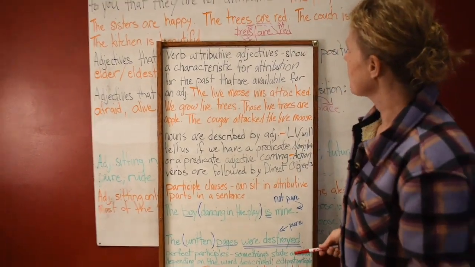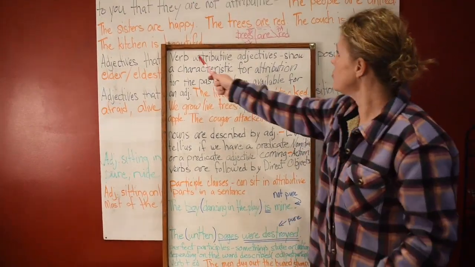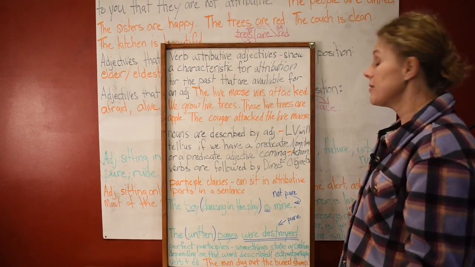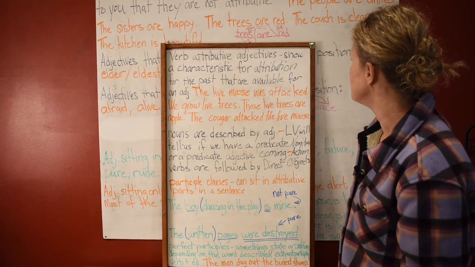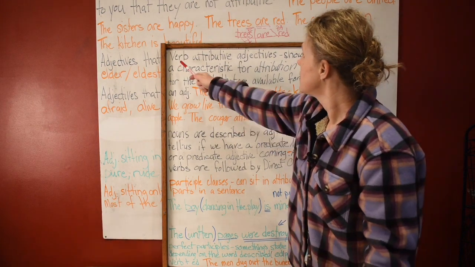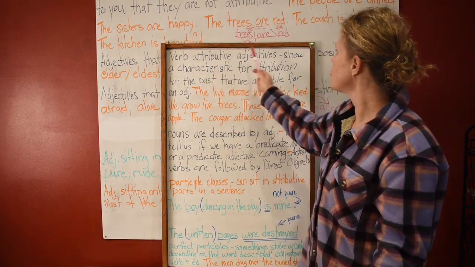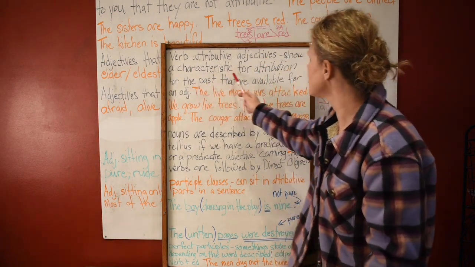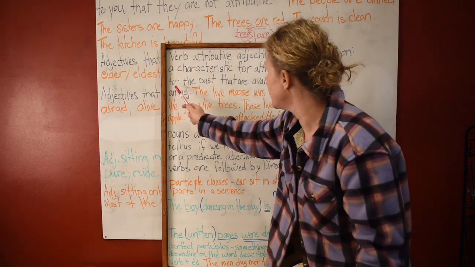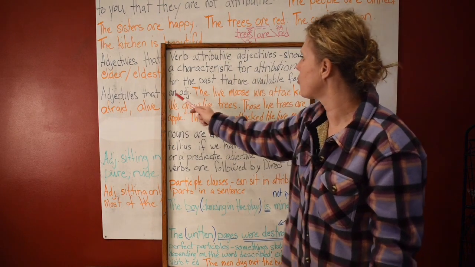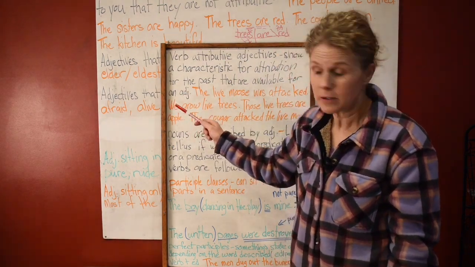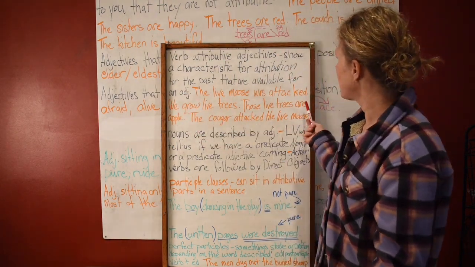That's where you would get the live, those are verbs. That's a verb right there. Attributive adjectives show a characteristic available for that adjective. Okay, so some examples.